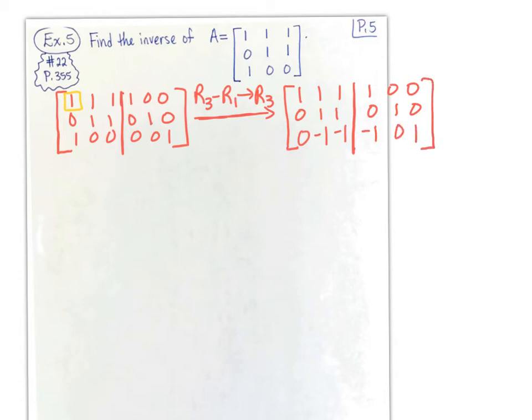Okay. Now, what would you like to do? Row 1 minus row 2 to get a new row 1. So which one is your pivot? Entry 1, 1 is not your pivot.